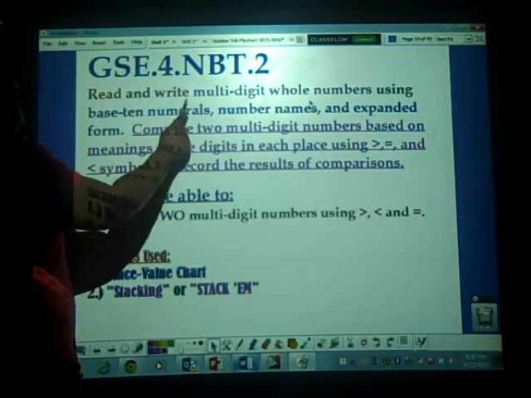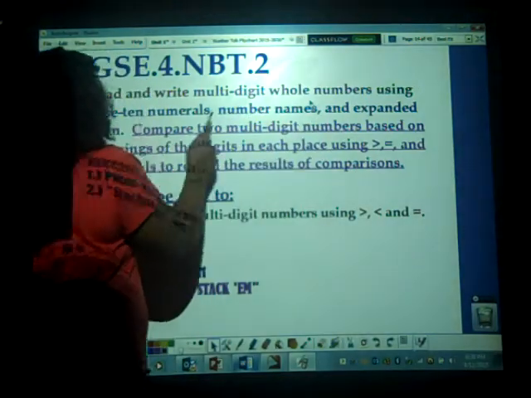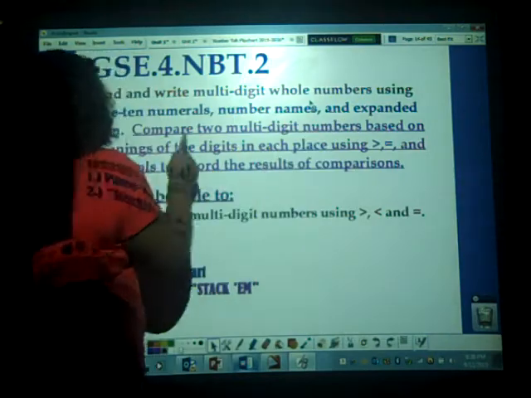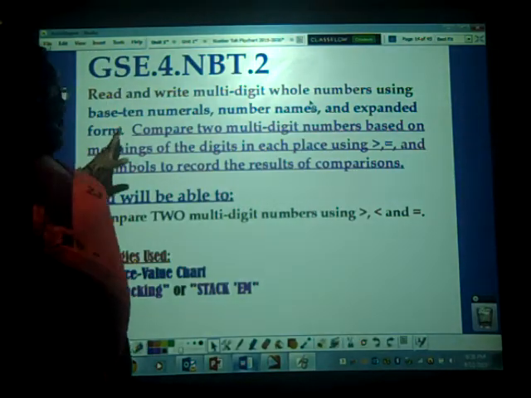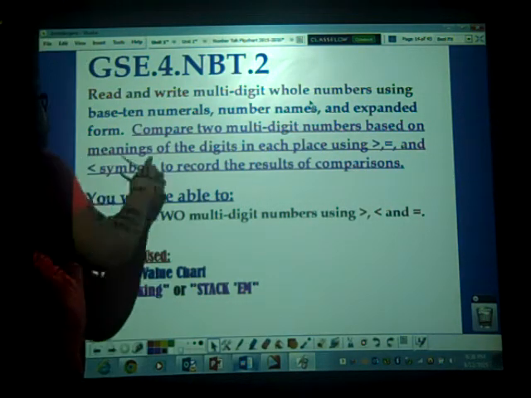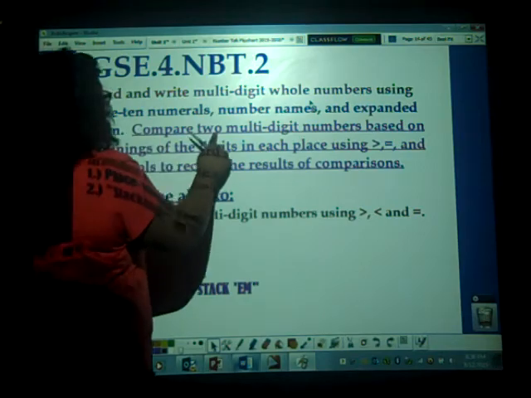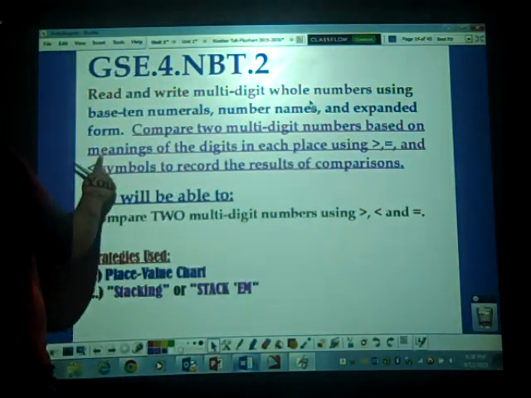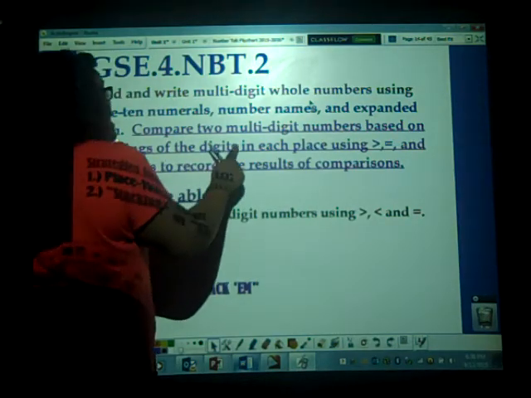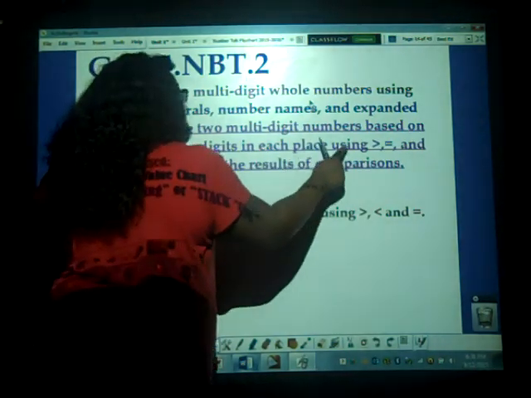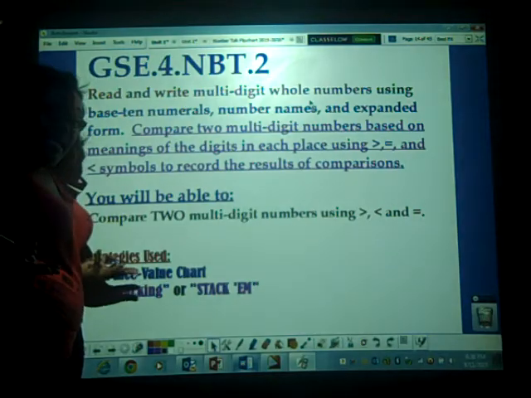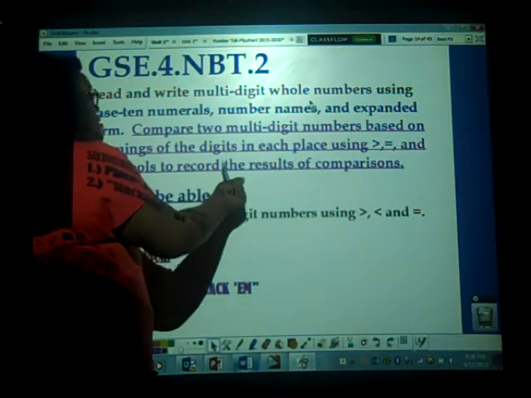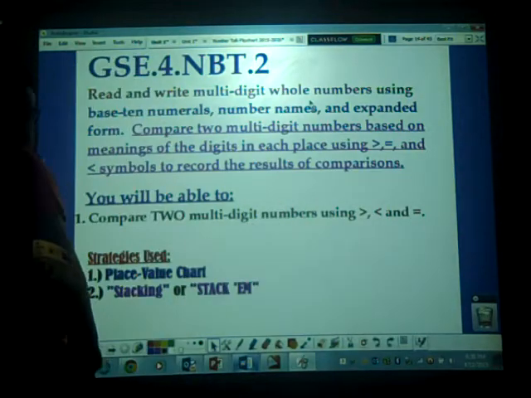We read and write multi-digit whole numbers using base 10 numerals, number names, and expanded form. Now, in this video, we're going to focus on comparing two multi-digit numbers based on meanings of the digits in each place using greater than, less than, or equal to, and those symbols to record the results of comparisons.